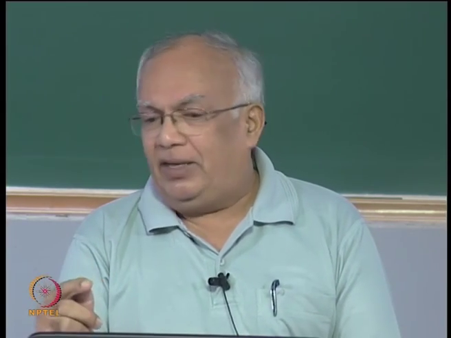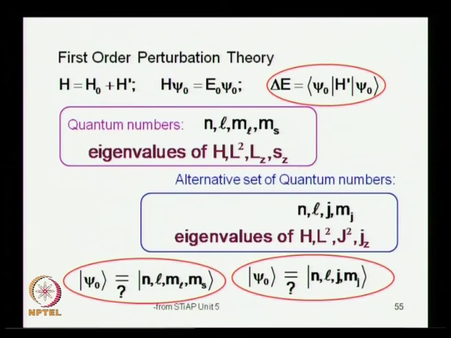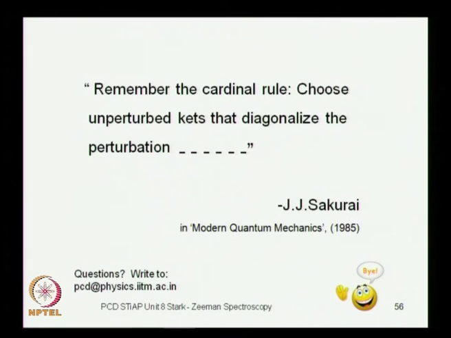Because the basis set which is appropriate for the normal Zeeman effect need not be appropriate for the anomalous Zeeman effect, it need not be appropriate for the Paschen-Back effect, and in each case you have to make your choice very carefully, and these are the details that we will be discussing in the next few classes.